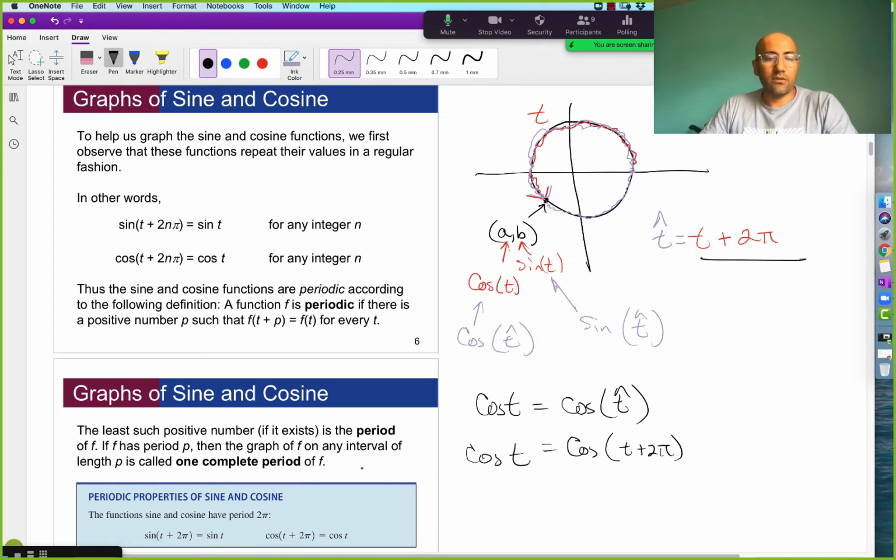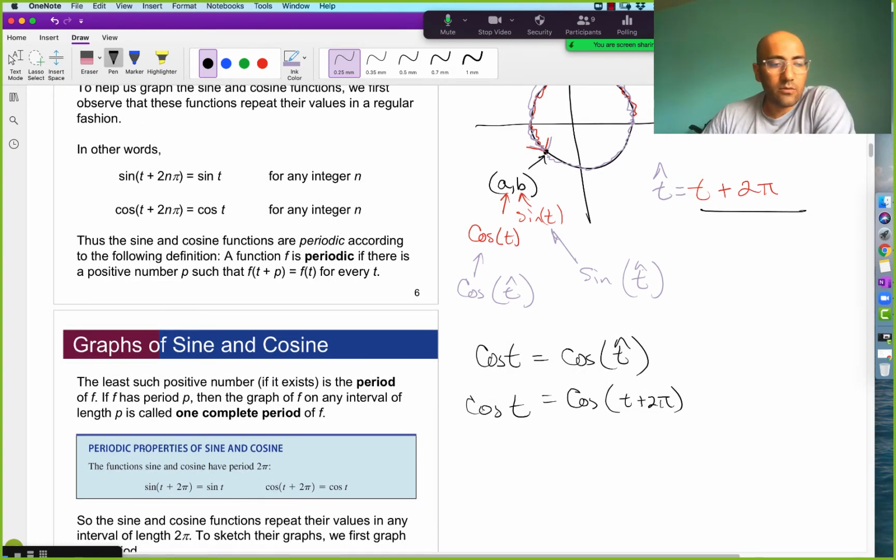So that's where this little statement comes in, this little blue box here. Sine of t plus 2 pi is just equal to sine of t. And cosine of t plus 2 pi is just equal to cosine of t. Right? Because if I'm adding a multiple of 2 pi, then I'm just doing one more full rotation, and then I get back to the same spot, right?